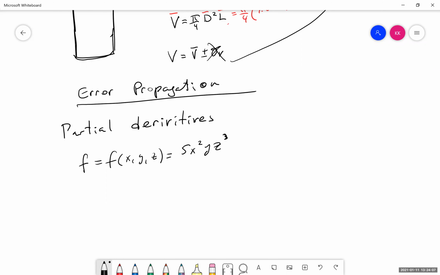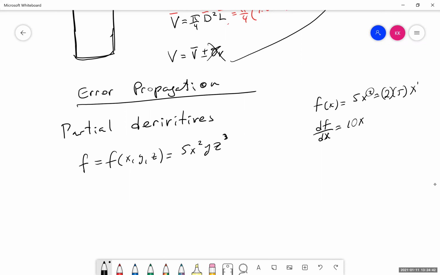For example, we know that if you have a function of x, 5x squared, then taking the derivative of f with respect to x is 10x, which is 2 times 5 times x. If the exponent is n, you just do n minus 1, so it becomes basically 10x.